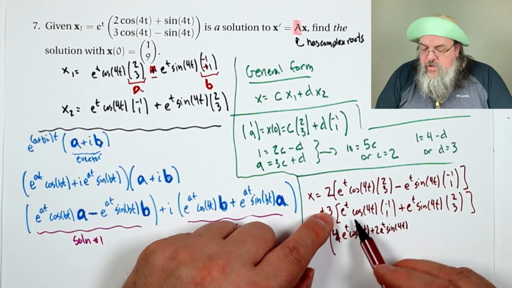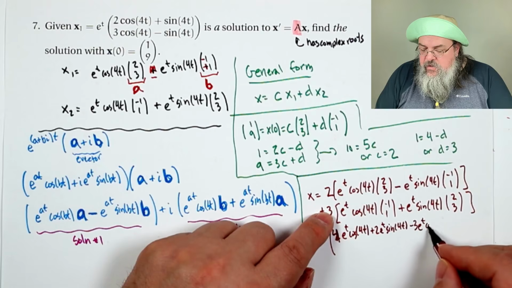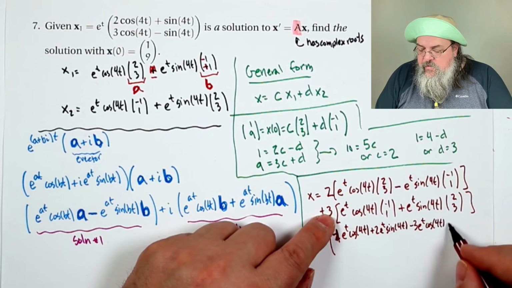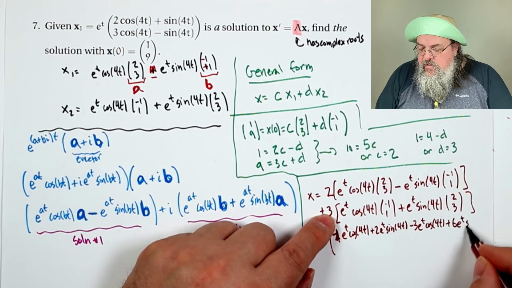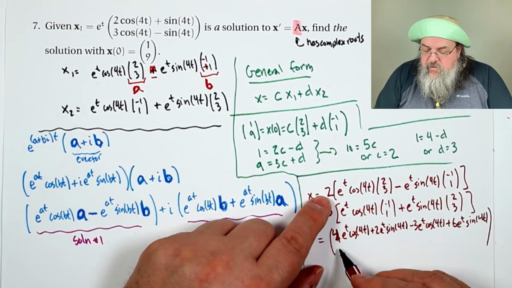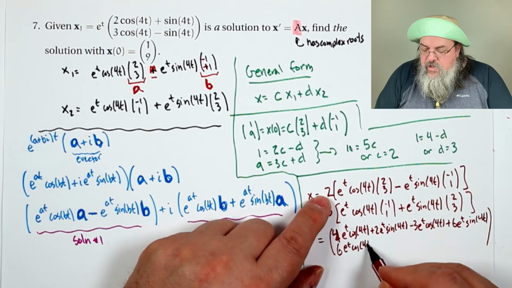3 e to the t cosine 4t times minus 1. So that's minus 3 e to the t cosine 4t. Then we have 3 times 1 times 2 is 6 e to the t sine of 4t. Bottom, 2 times 3 makes 6 e to the t cosine 4t.